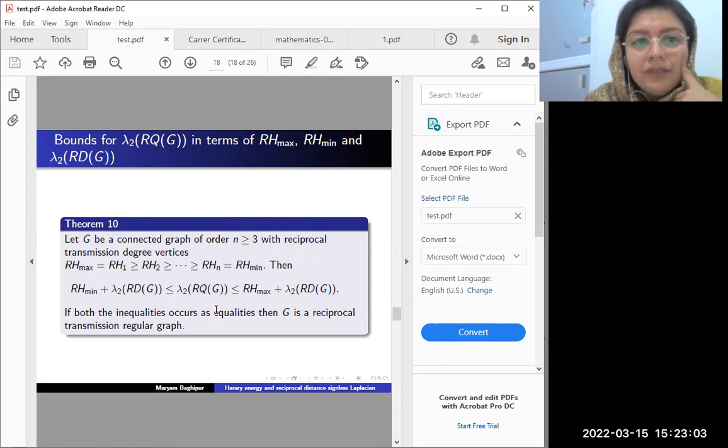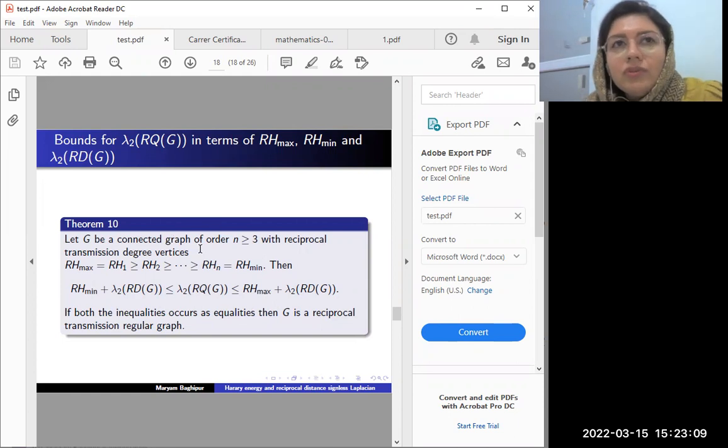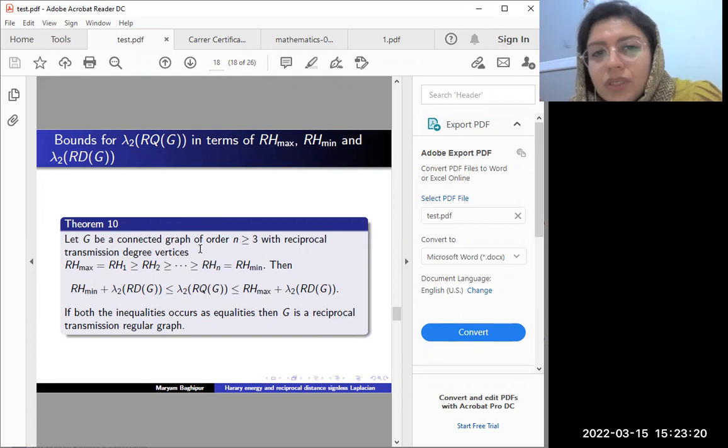For diameter 2, you know that if I want to explain transmission or reciprocal transmission, for some graphs we obtain reciprocal transmission or transmission easily.